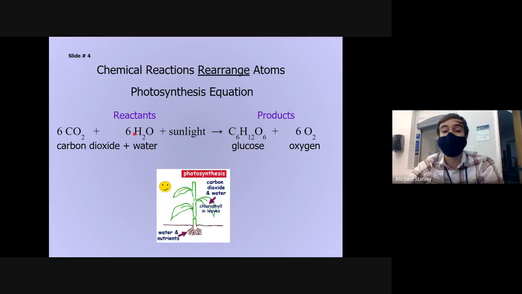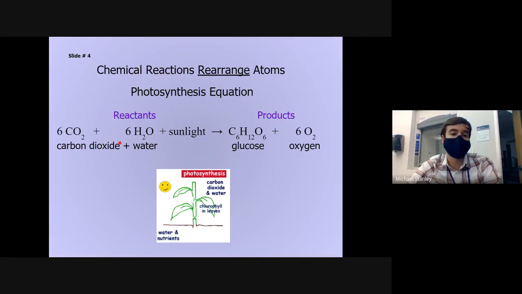And that means that on the product side, we also need to have C's, O's, and H's. So we didn't add in any new atoms, right? There's no nitrogen, there's no iron that all of a sudden appeared in the products.